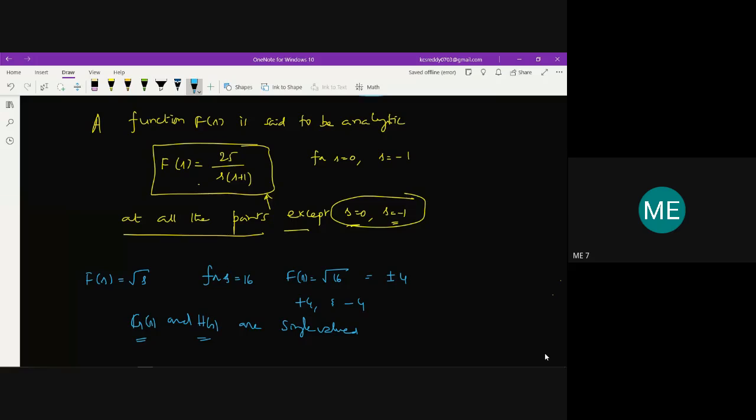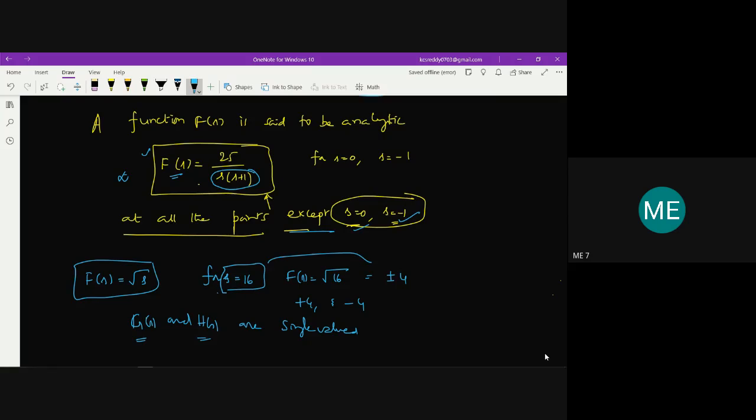If you look at this example, at s equal to 0 and s equal to minus 1, this function becomes infinite. So at those points it will not be analytic, and other than these 2 points it will be analytic. Similarly, a single valued function should not contain 2 values for the same s value.